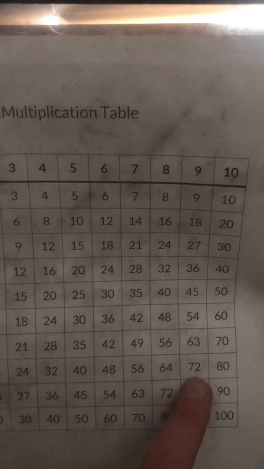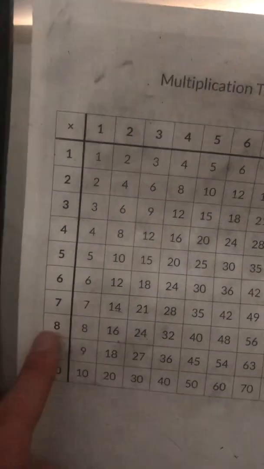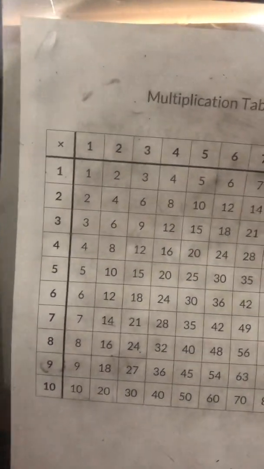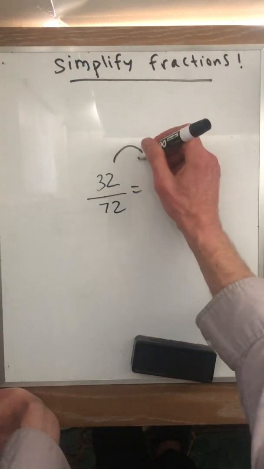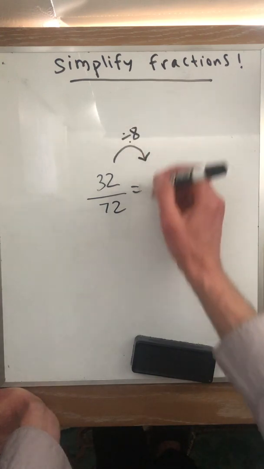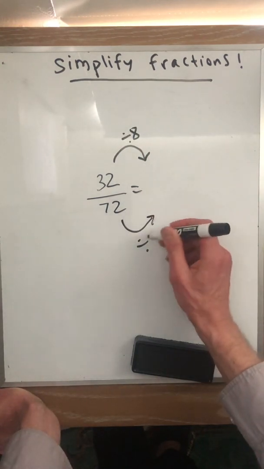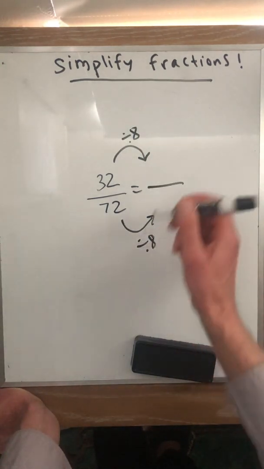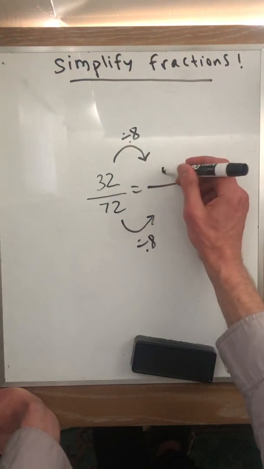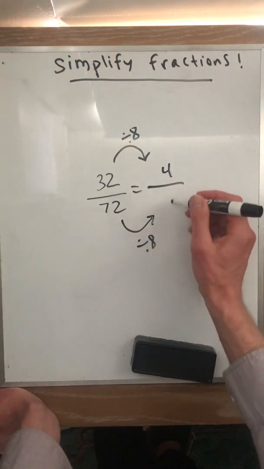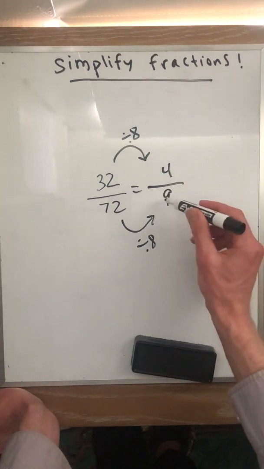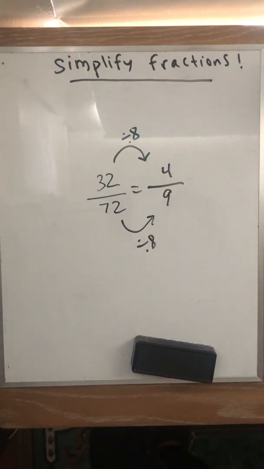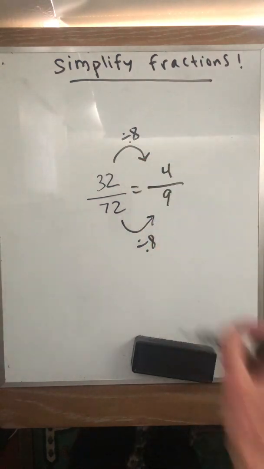Ooh, we've solved it. 8 is the number we're looking for. 8 is the common factor of both numbers. So we're going to divide the 32 by 8. And we're going to divide the 72 by 8. So we just saw in the multiplication table, 32 divided by 8 is 4. 72 divided by 8 is 9, because 8 times 9 is 72. So 4/9. 4 times 8 is 32.